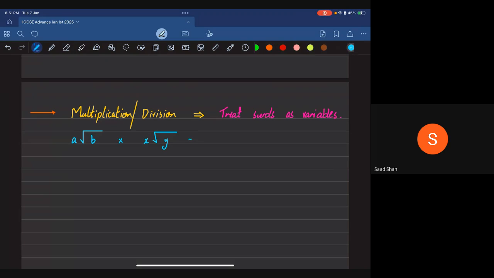Your final answer is going to resemble this. You can group them all together. They're acting under the same surd, right? You can group them all together.